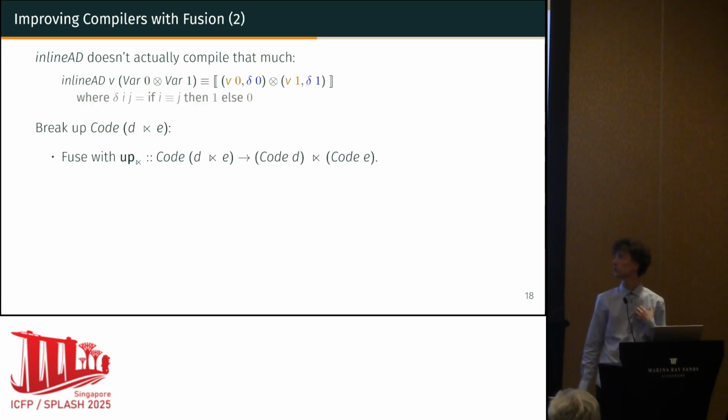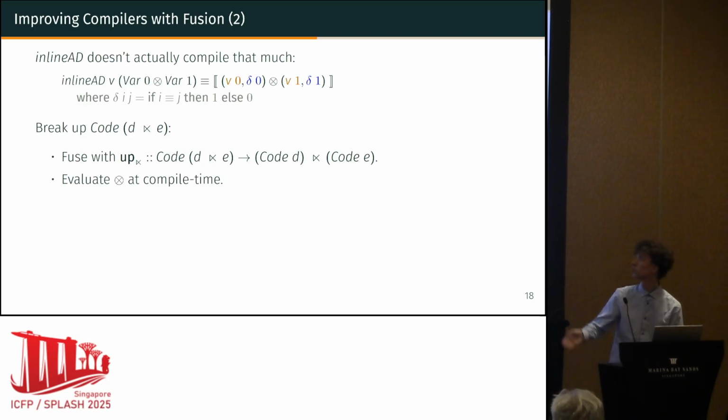For that, we'll use the following homomorphism, which says that I can take a tuple, or the code of a tuple, and split it into a tuple of code. By fusing this map into our compiler, I can now manipulate the primal and tangent separately again, and I can statically evaluate the multiplication here. If we do that, we get this.